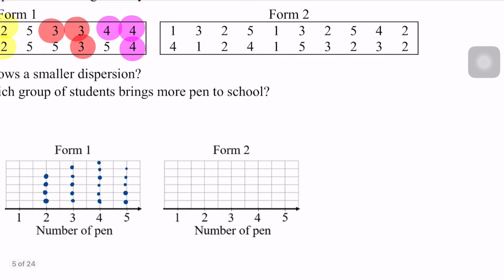Form 2, kita tengok dulu 1. Ada berapa 1? 1, 2, 3, 4. Ada 4, 1. So macam biasalah, saya guna colour lain lah. So 1, 2, 3, 4. Next we have a look at number 2. Number 2 we have 1, 2, 3, 4, 5, 6.